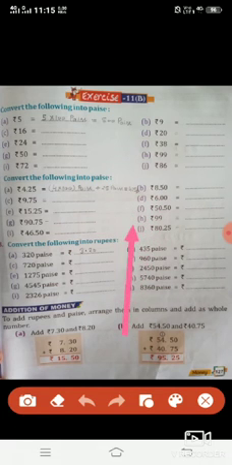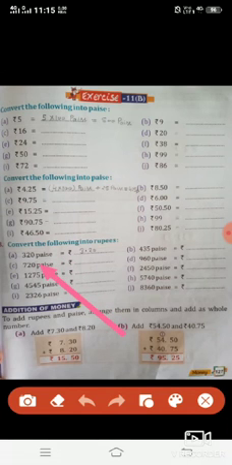Now students, come to the next question. Convert the following into rupees. 320 paise, and we have to convert it into rupees. Students, we know very well, 100 paise equals 1 rupee, so 300 paise equals 3 rupees.